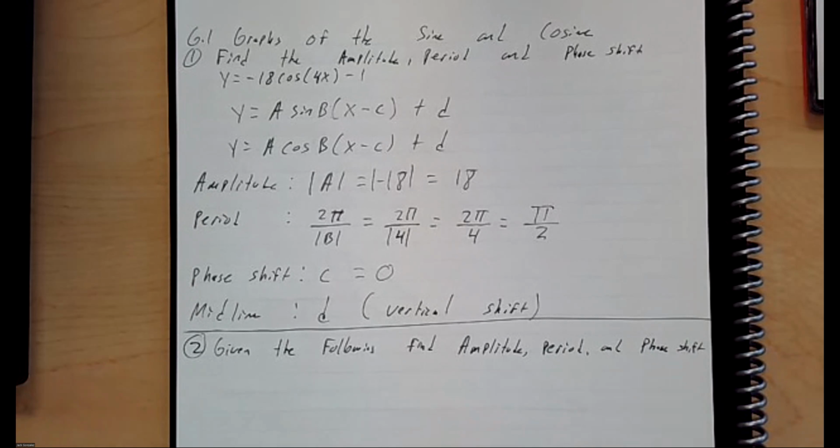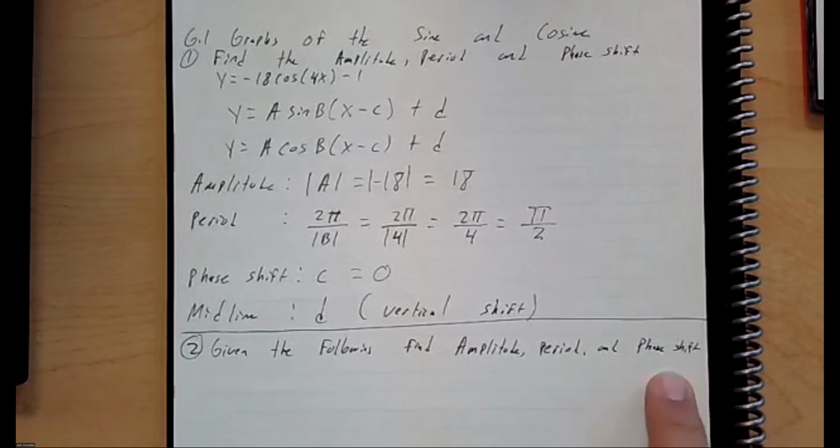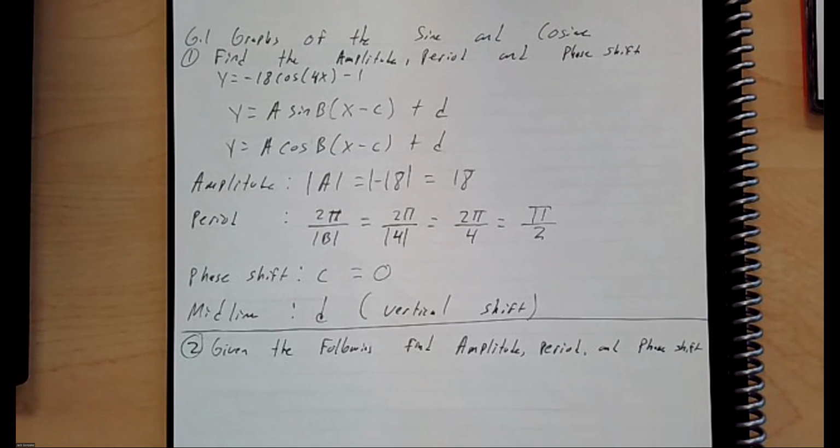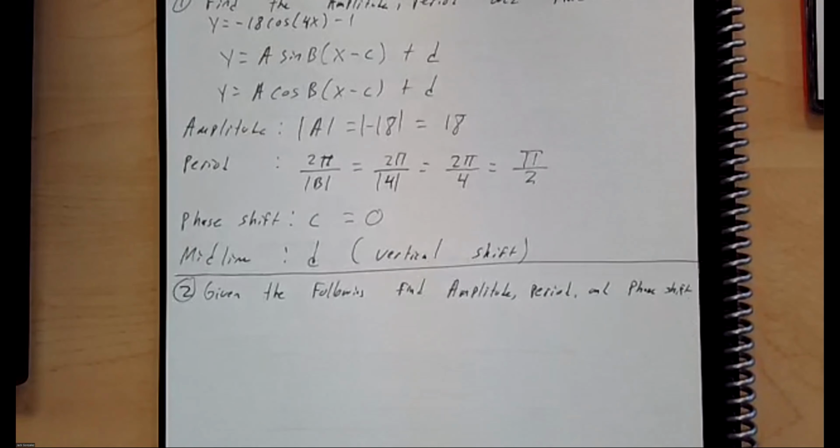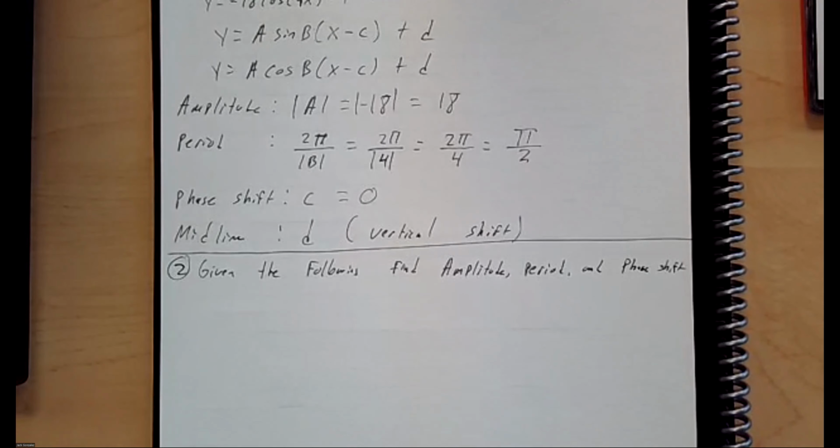Phase shift is just a fancy word for horizontal shift. That's all that is. I don't even know why they call it that way. I've noticed in a lot of math books, there's a lot of complicated words for really simple things. So just look up the definition. Who cares how it sounds? Math's all about definitions. If you understand them, then you'll be good.